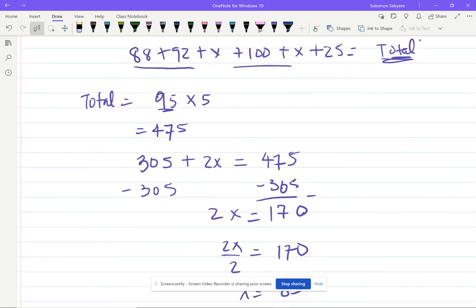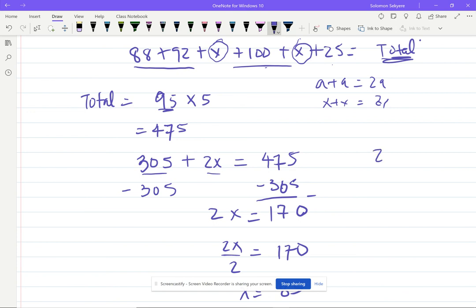So I add everything, 88 plus 92, which is 180, 180 plus 100, 280, 280 plus 25 is 305. I have variable x here, another variable x here, like apple plus apple is 2 apples, x plus x is 2x. So I have 305 plus 2x equals 475.